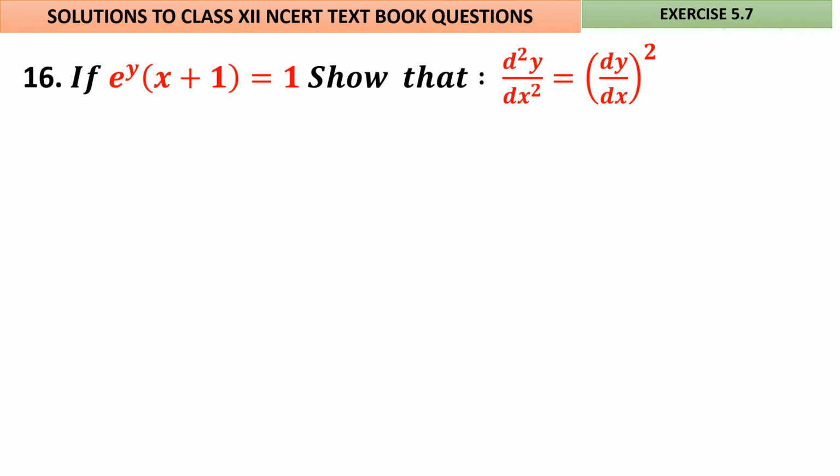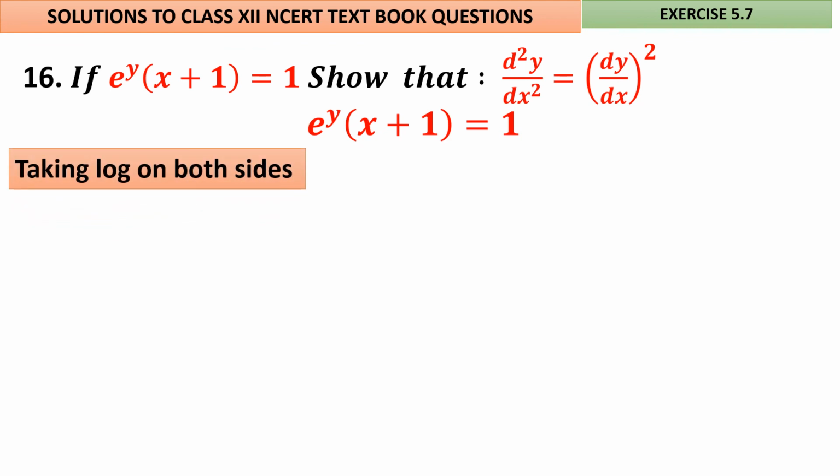Question number 16. If e power y into x plus 1 is equal to 1, you have to show that the second derivative is the square of the first derivative. Interesting. Let us see. e power y into x plus 1 is equal to 1. Take log on both sides. Why are we taking log? Because we are getting e power y into x plus 1. If you take log, using the product rule of log, it will become log of something plus log of something.